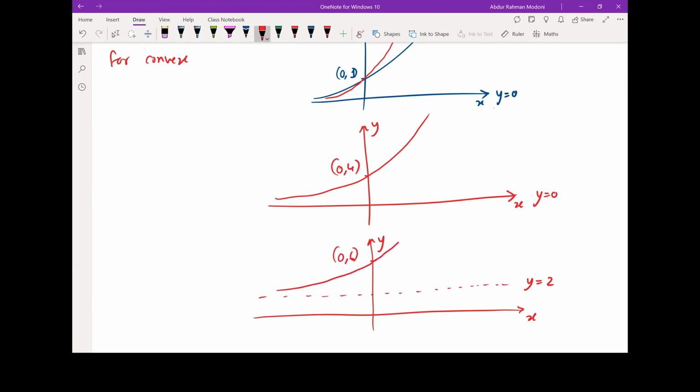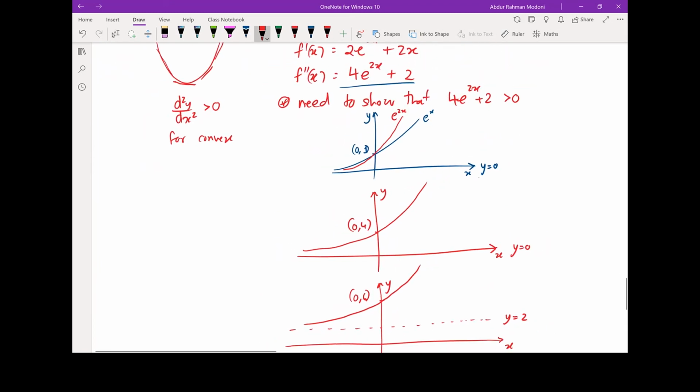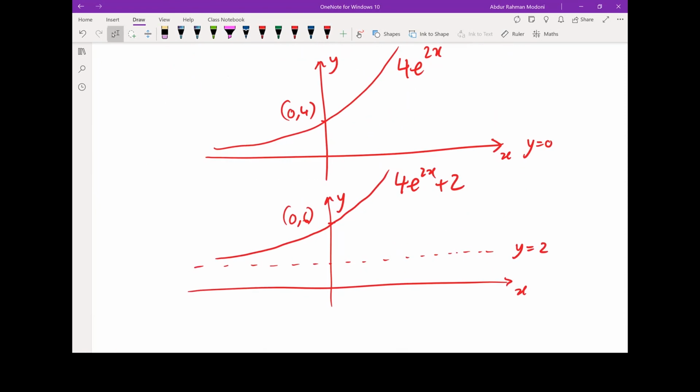Everything has been translated up by 2. So what was 4e to the 2x is now 4e to the 2x plus 2. As we can see, the output of 4e to the 2x plus 2 is always greater than 2.